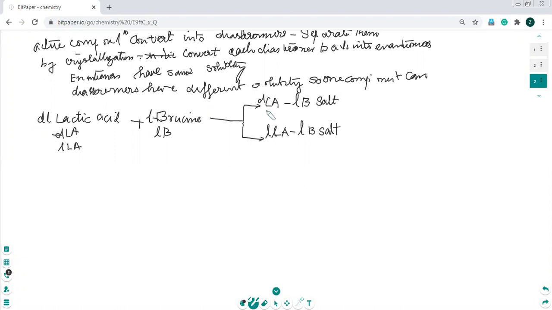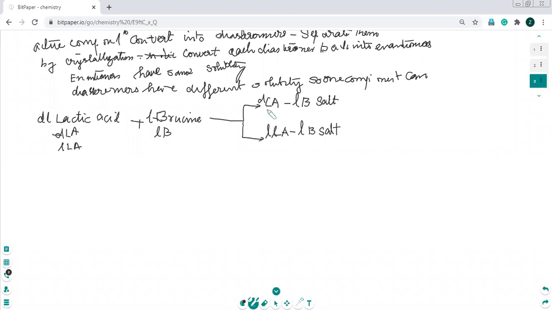Now look carefully here. This is a salt. A salt has a positive component and a negative component, a positive ion and a negative ion.